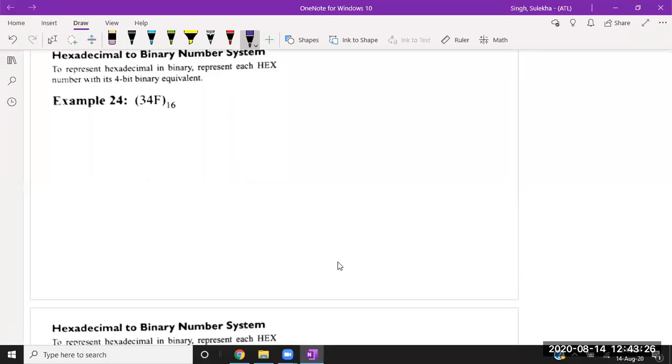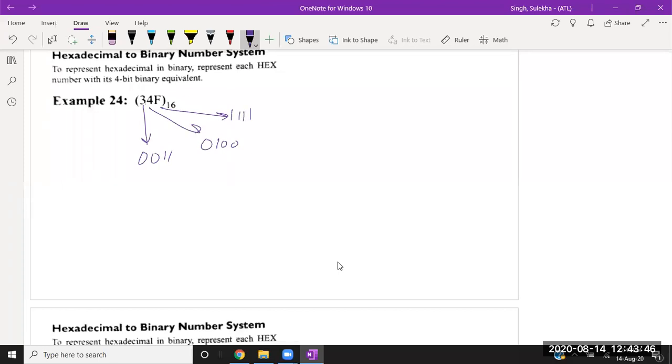Okay, so correct. Most of you are getting the correct answer. So what you need to do is convert it separately. This is 0100. F is 1111.